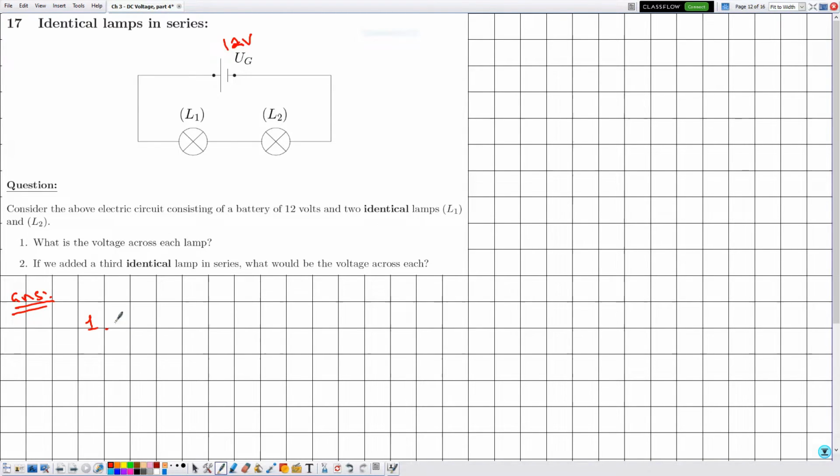Then let me write down, since the two lamps are identical, so how do we translate this statement mathematically or physically? Because they are identical, each one will have the same voltage.